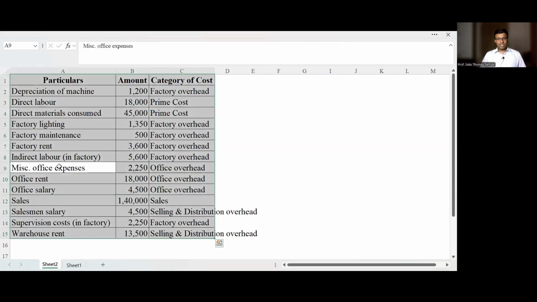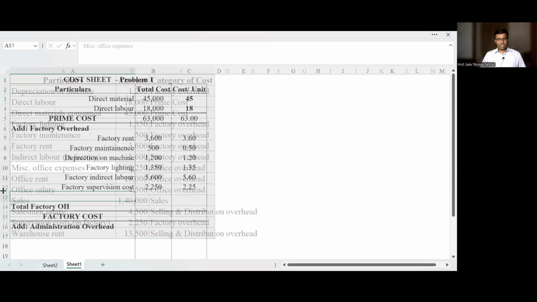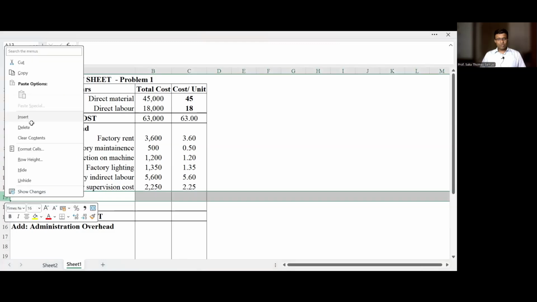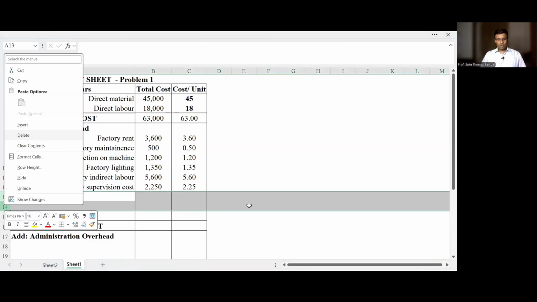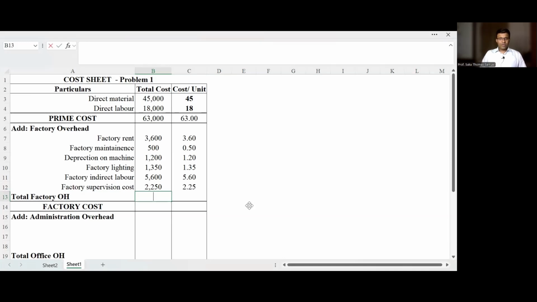We could cross-check once just to see if we have taken everything into consideration. Oh yes, I think that's pretty much it. So now we need to calculate the total factory overhead. When we add all this together, we get the total as 14,500, or cost per unit will be 14.5.